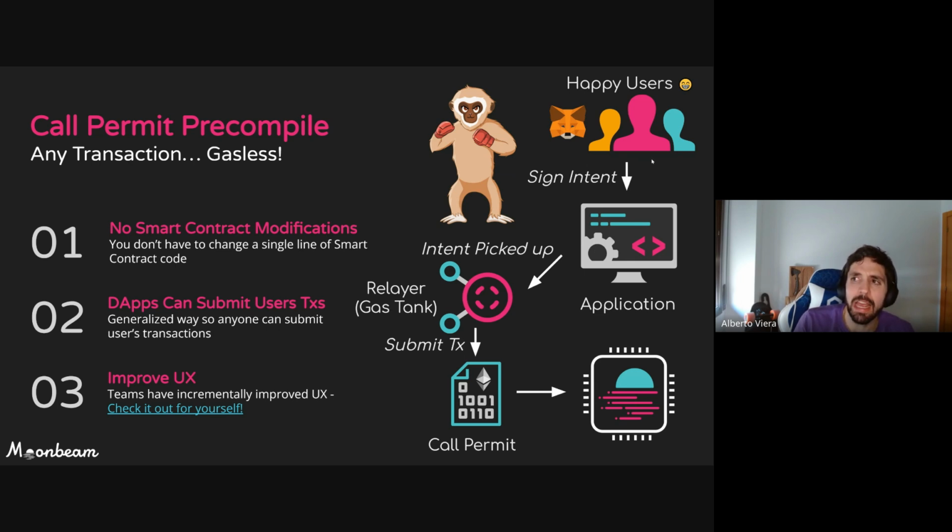So basically, if someone signs an intent, someone else can submit this transaction through the call permit to the network, okay, without having to modify a single line of code, which is really, really amazing, right?